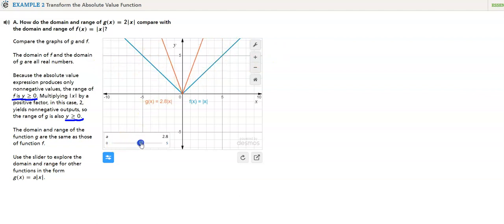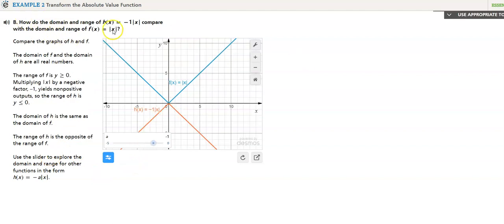If I go the opposite direction and make it 3, as the thing I'm multiplying x by goes up, then my slope increases. It's almost as though this is the slope. Do you see a relationship, a connection between slope and this absolute value graph? Okay, all the way up to 5. So we can kind of make them go different ways.